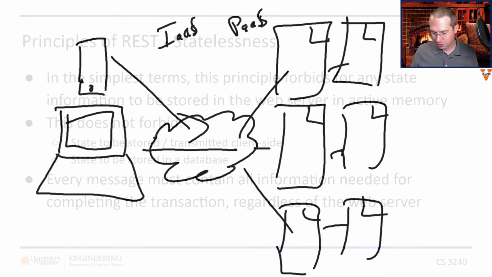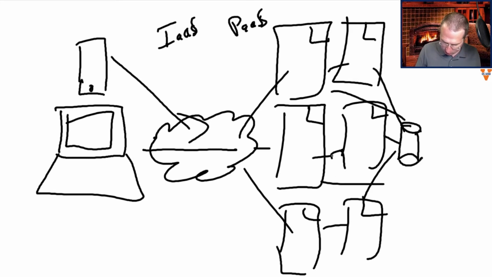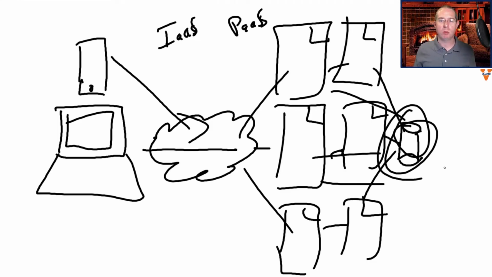So the way this looks is, in this example, if I add a database server right here, all of these are allowed to talk to that database server. That is fine, because a database server knows how to handle multiple requests all at the same time.